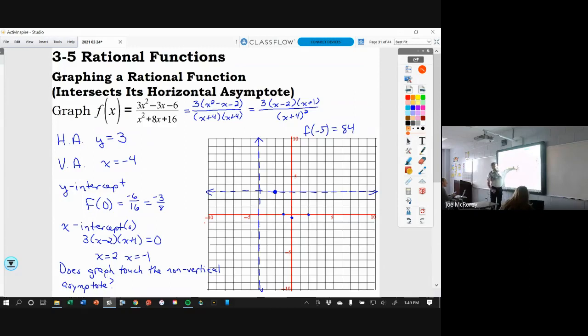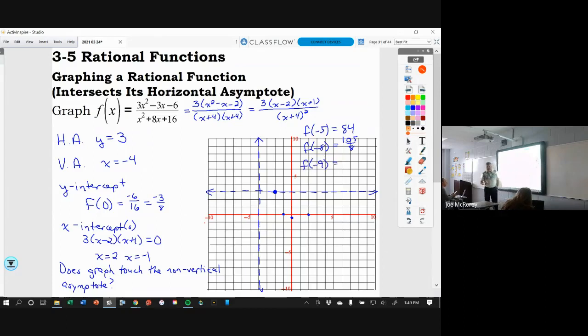How about negative 8? It's 105. Well, that's more than 10, so I can't plot that point. Let's do f of negative 9.